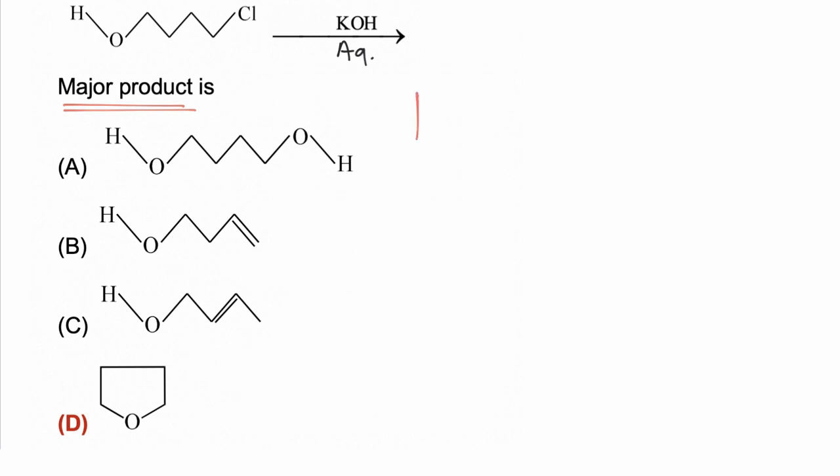Now the molecule is having both OH and leaving group Cl on the same molecule. Now if there is a nucleophile and leaving group in the same molecule, then there is possibility of intramolecular reaction. First of all, OH negative will abstract a hydrogen proton from OH to form alkoxide ion.